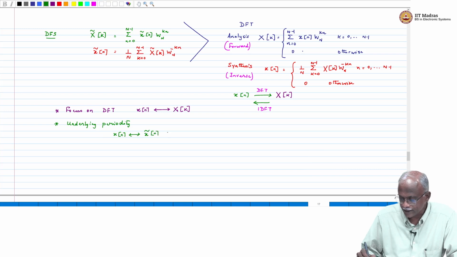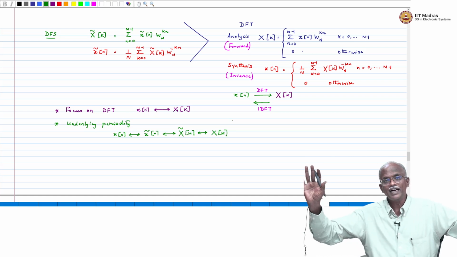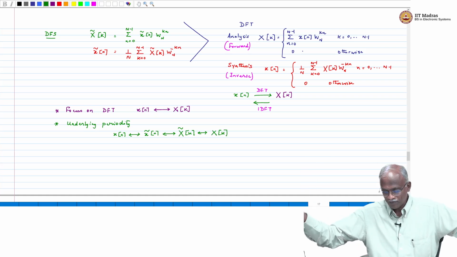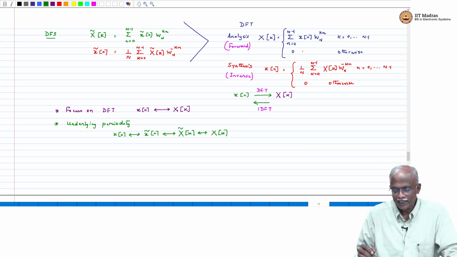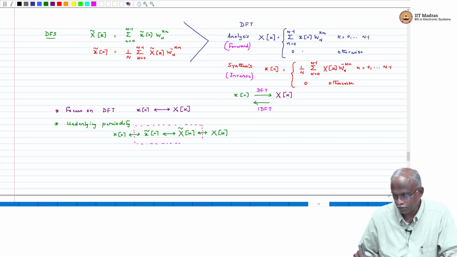This x tilde of n has a relationship to X tilde of k, and this has a relationship to X of k. So we want to relate x of n and X of k, but in the middle there is something that is not explicitly visible, yet underlying it is very much a part of our thought process.